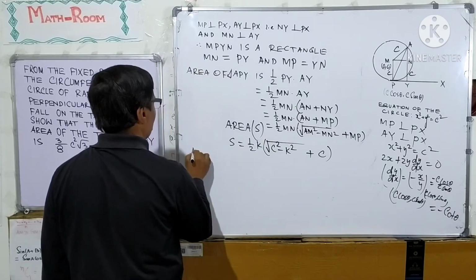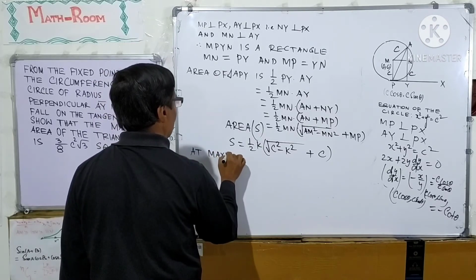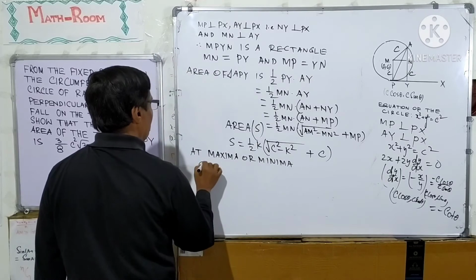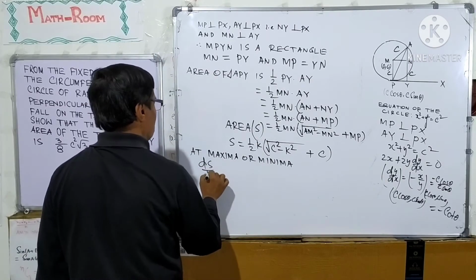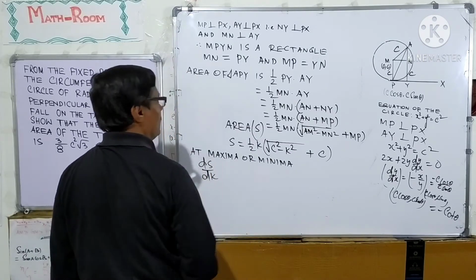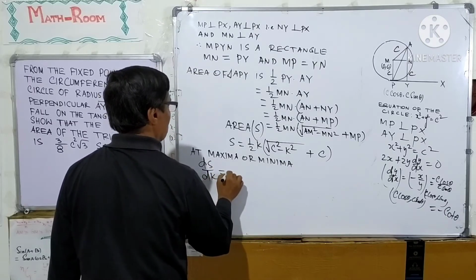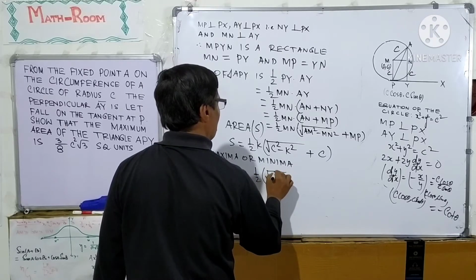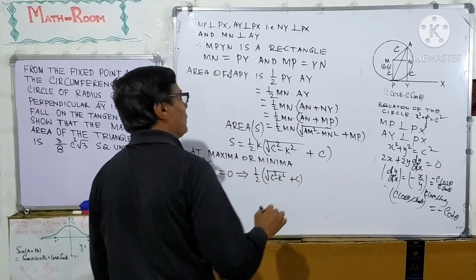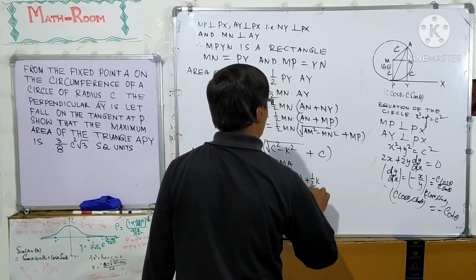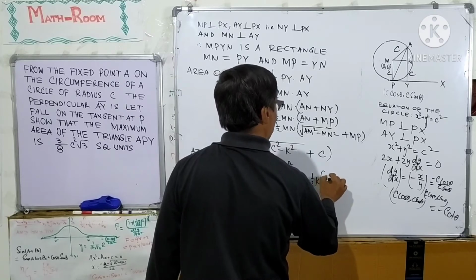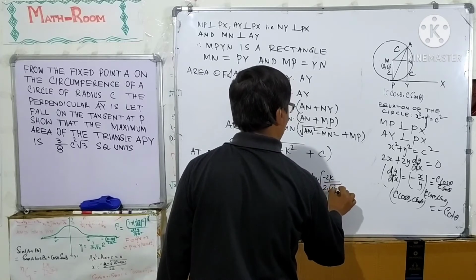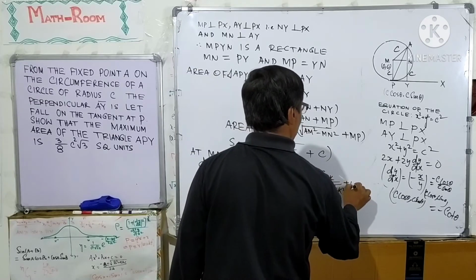At maxima or minima, the derivative, that is dS/dk, where k is the variable here, equal to 0, which implies half root over of c square minus k square plus c, plus half k into minus 2k over 2 root over of c square minus k square, plus 0, equal to 0.